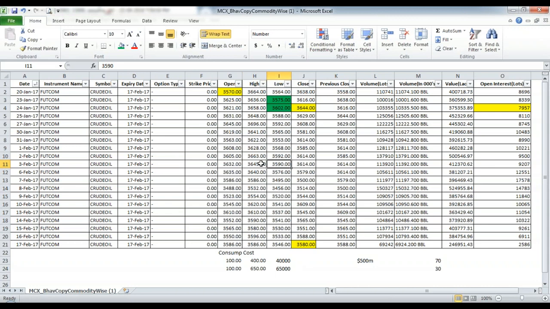Okay. Now, is it a lower high, lower low? Yes, sir. Did it close below the low of yesterday? The answer is no. No, sir. It did not. Okay, fine. And the open interest has further reduced. So it is not that a huge deal of selling has happened.